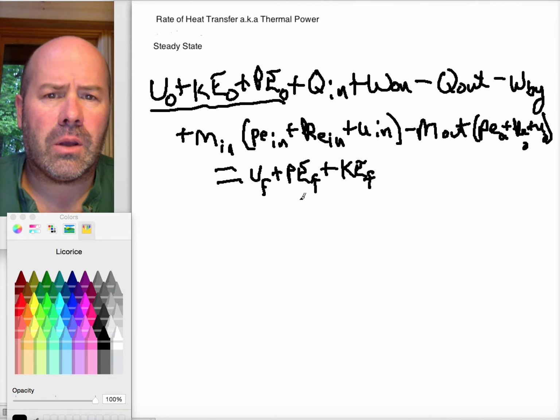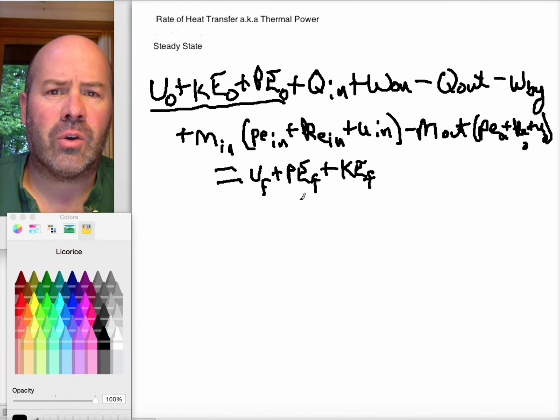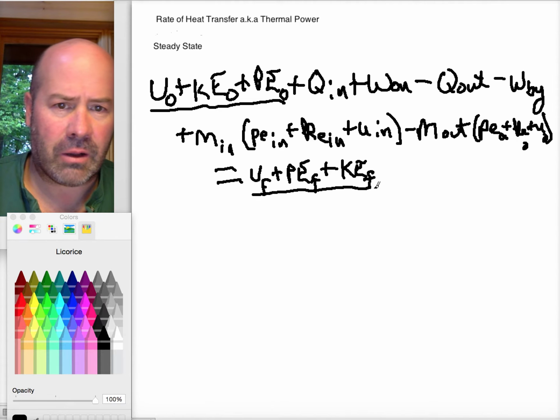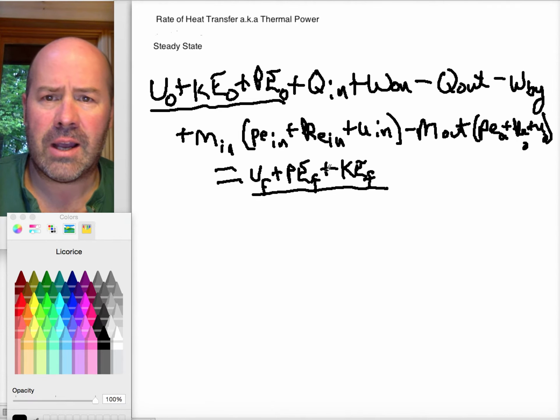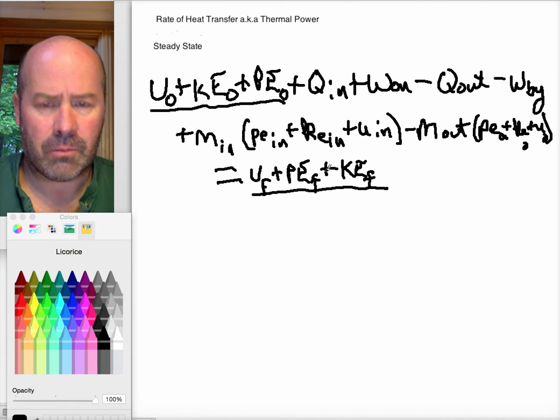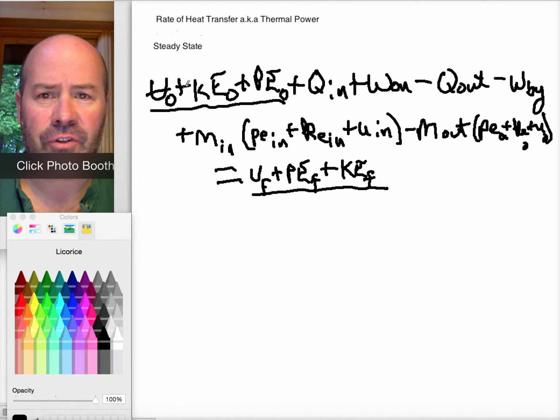When we have steady state, if the energy isn't changing from before to after, that means the final energy on the right and the initial energy on the left would be the same value. So that's what steady state means, that those go away. If they're the same on both sides of an equation, we can eliminate them.